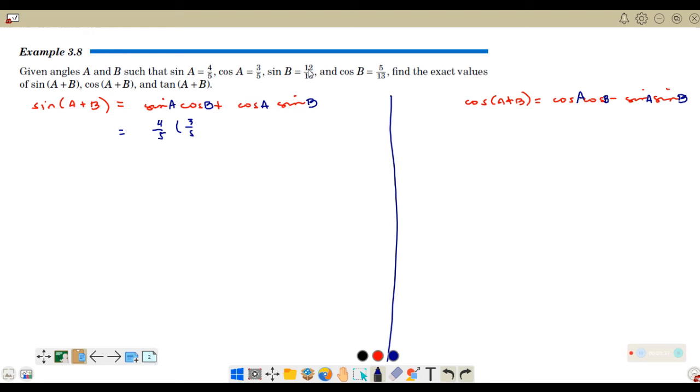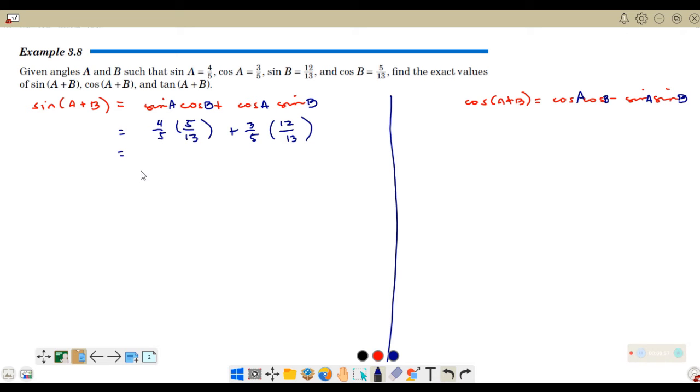Cosine B pala. Cosine B is 5 over 13. Yan. Mali ako nasulat. 5 over 13. Plus, cosine A natin is 3 over 5. And sine B is 12 over 13.